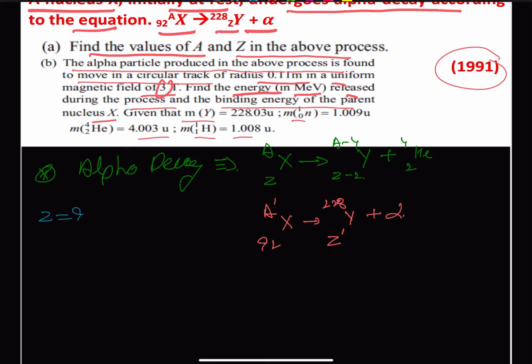So from here we get our Z prime is equal to 92, and our Z will be coming as 90.